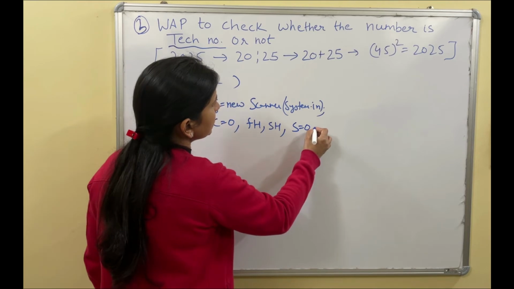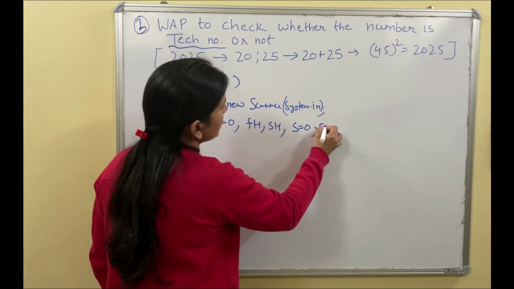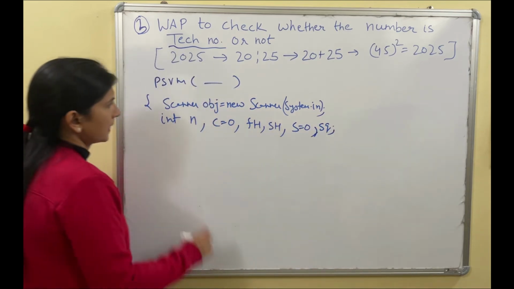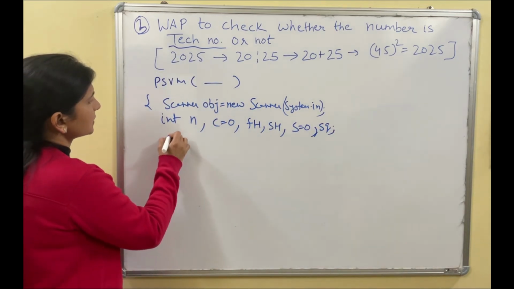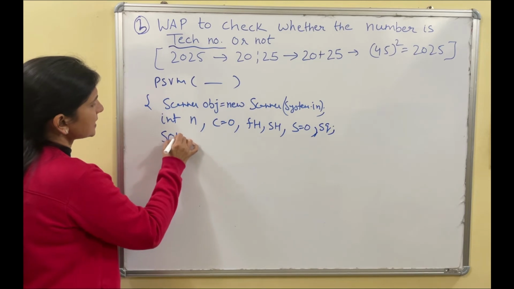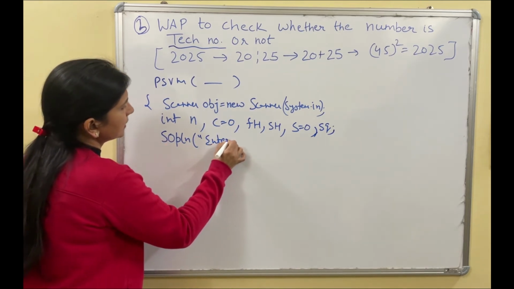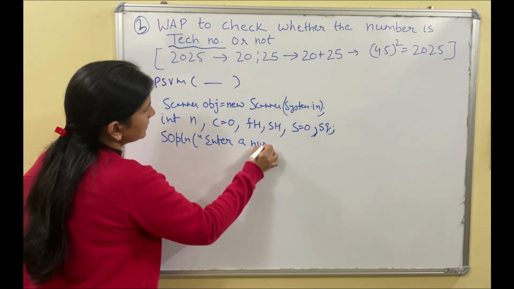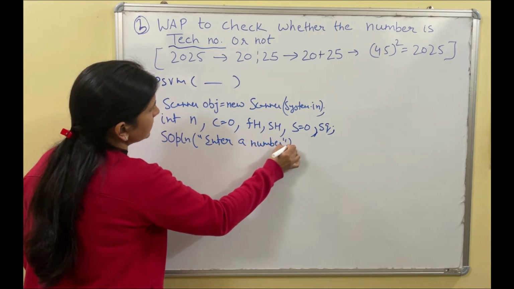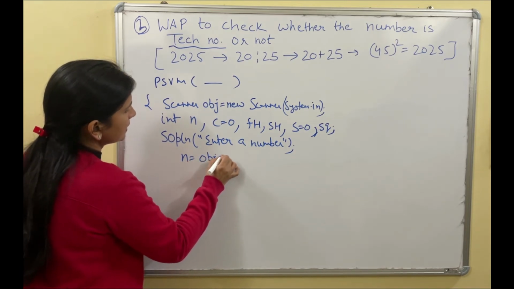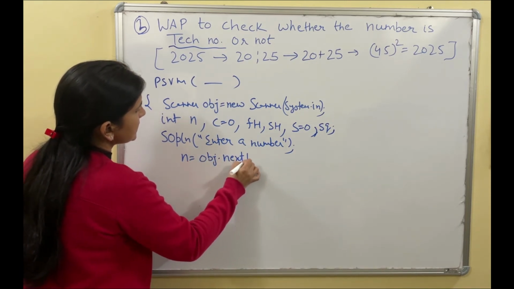We need to calculate the square also, sq. Okay, so first we will display a message, System.out.println, enter a number, n equals obj.nextInt().